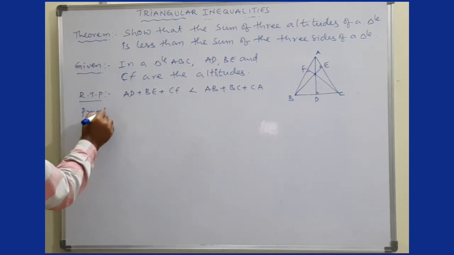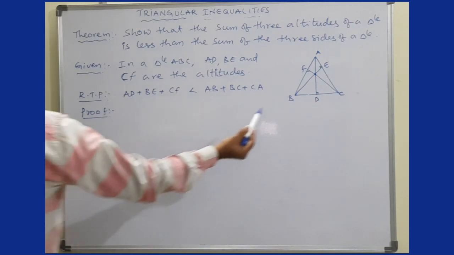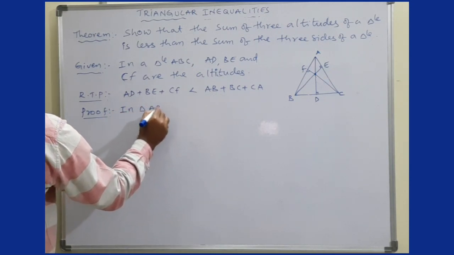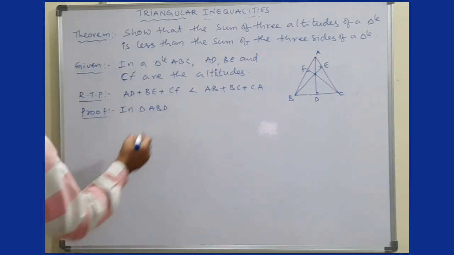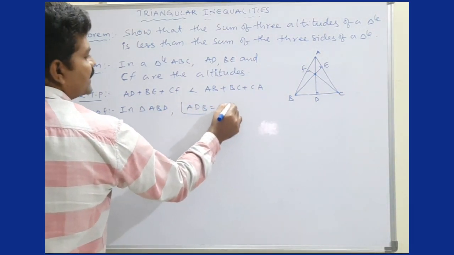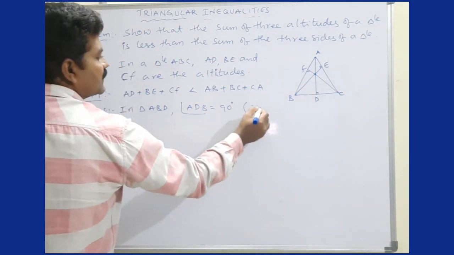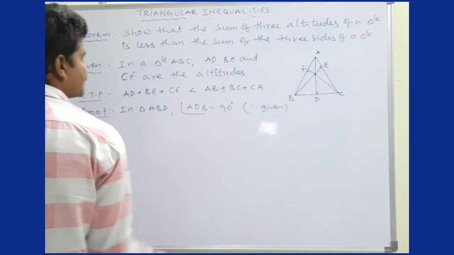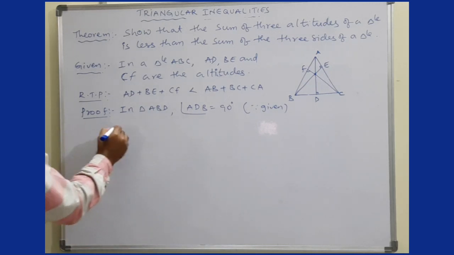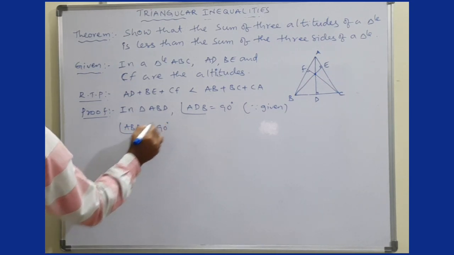So now coming to the proof. Observe this small triangle ABD. In triangle ABD, what can we say? Angle ADB is equal to 90 degrees, no? Angle at D, ADB, is 90 degrees, which is given already because they are altitudes. Now what about the rest of the two angles? Angle ABD is clearly less than 90.